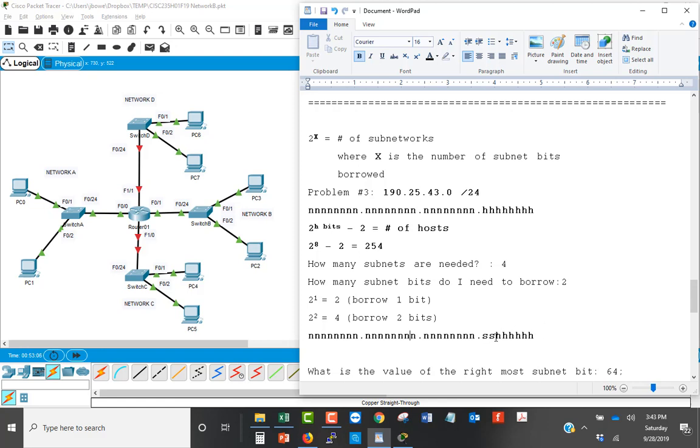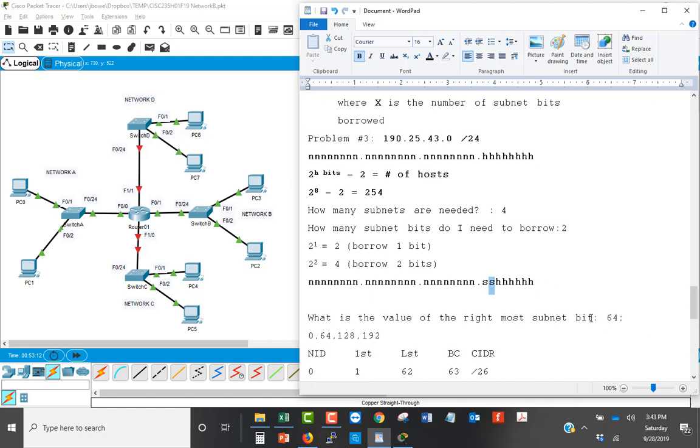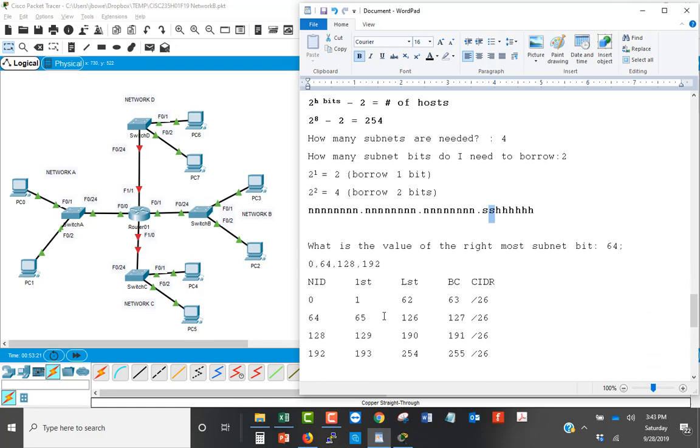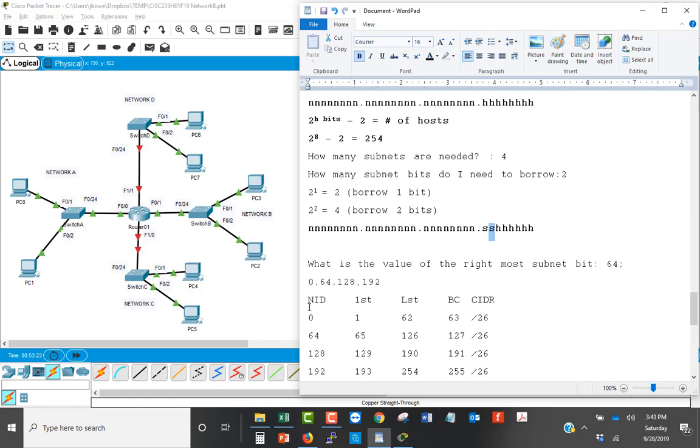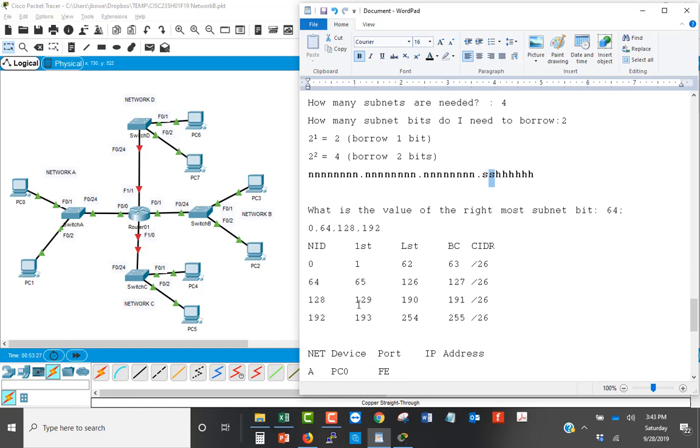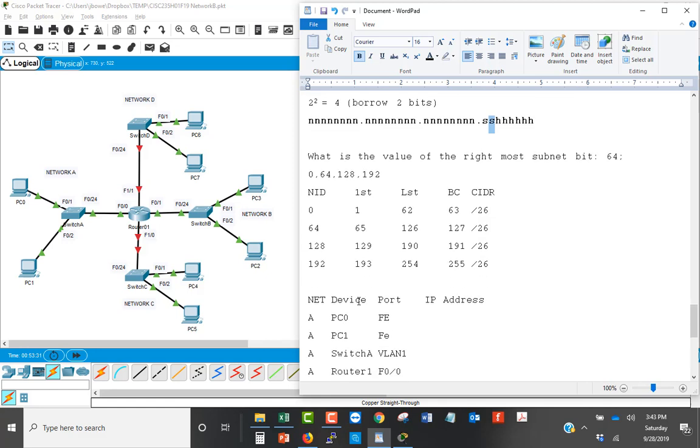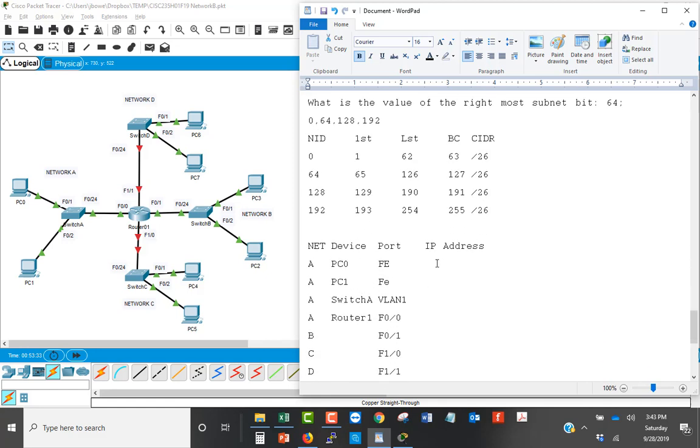So again, what's the value of that host bit? As it was in the last problem, it was 64. And again, we go by our multiples of 64: 0, 64, 128, 192. Then we come up with our table of network ID, first, last, broadcast, and CIDR, and they're all the same. Now I'm going to assign IP addresses to all of my devices.